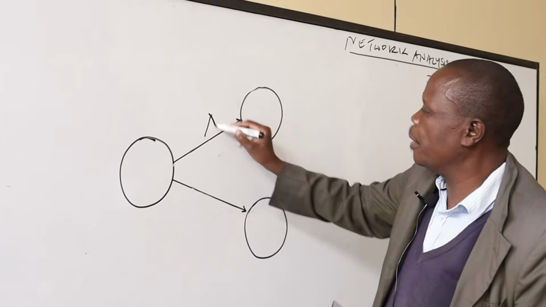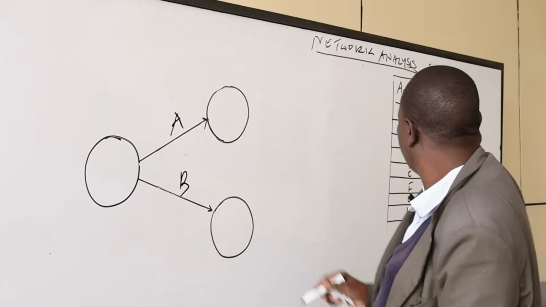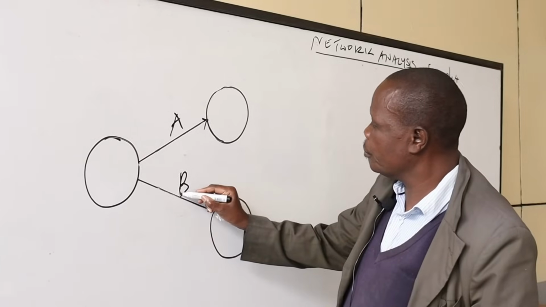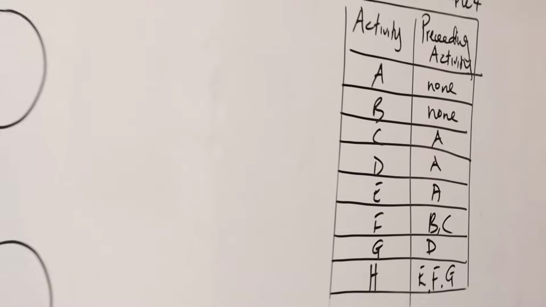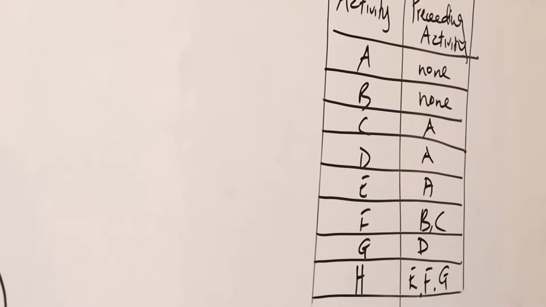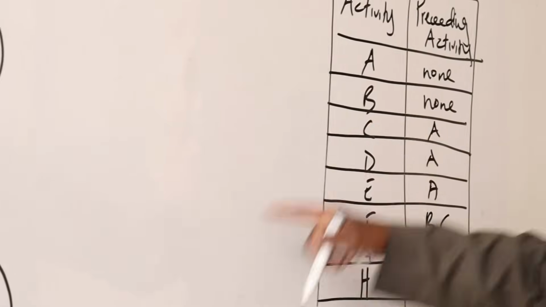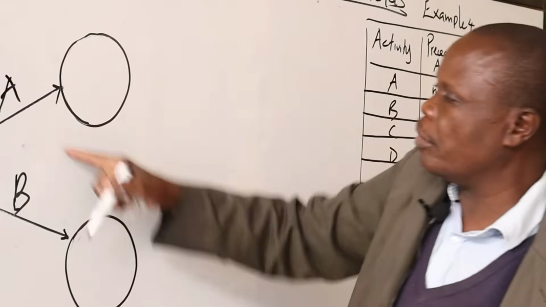That is A and B. Then A is giving rise to C. But B and C are converging.